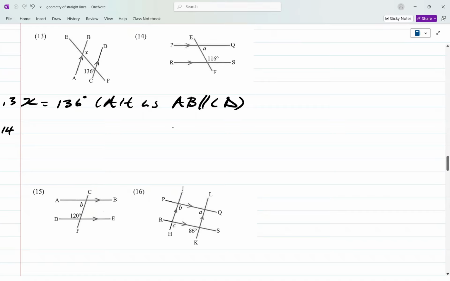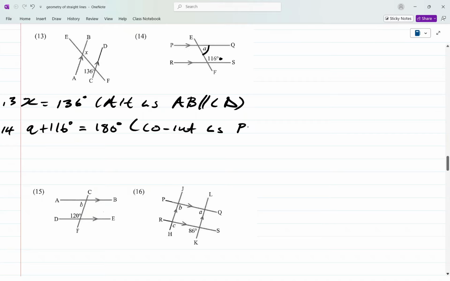With co-interior, I'll be saying angle a plus angle 116, a plus 116 must give me 180. a and 116 are supplementary. We mean that when you add them, you must get 180. And then your reason will be co-interior angles.